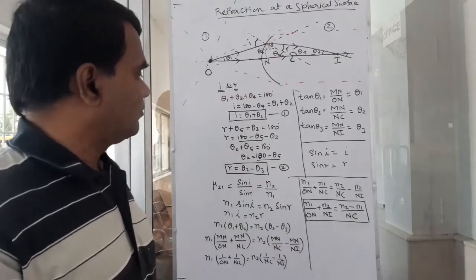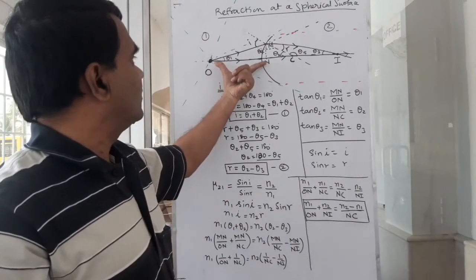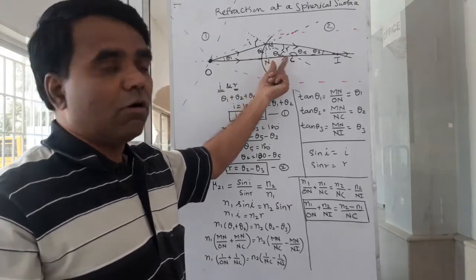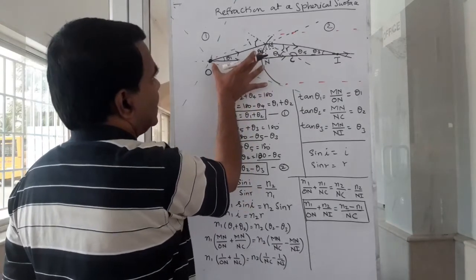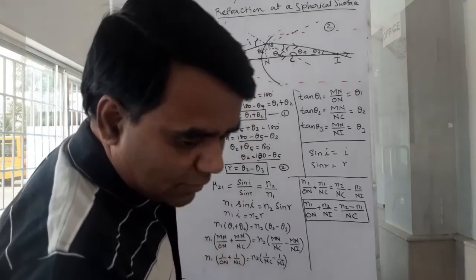Now look at this. ON is almost equal to the object distance, right?